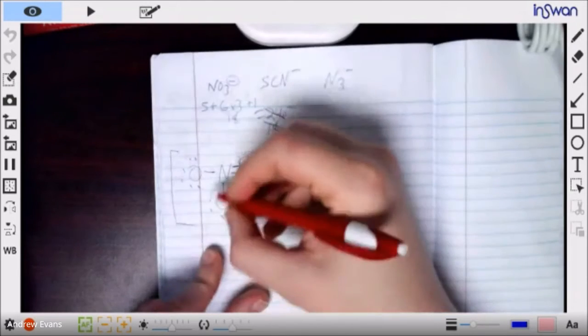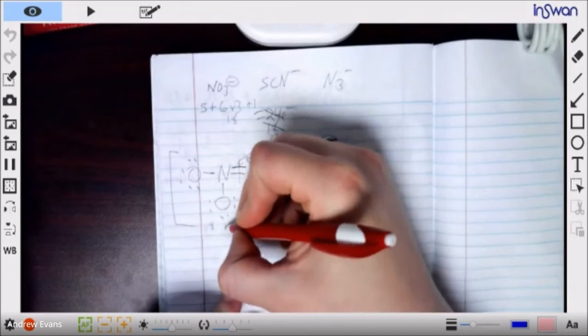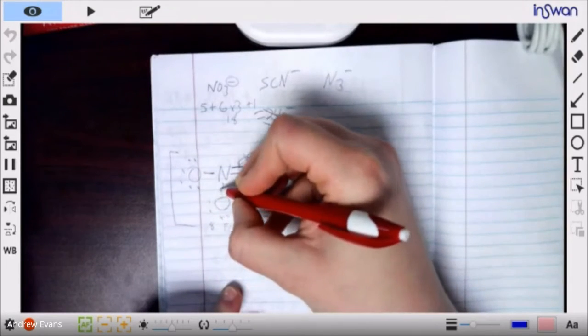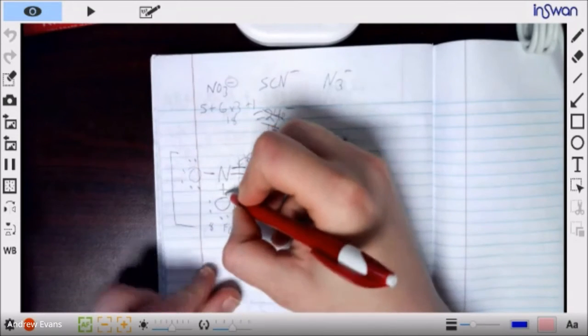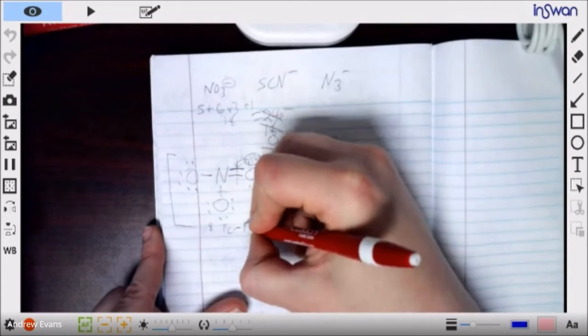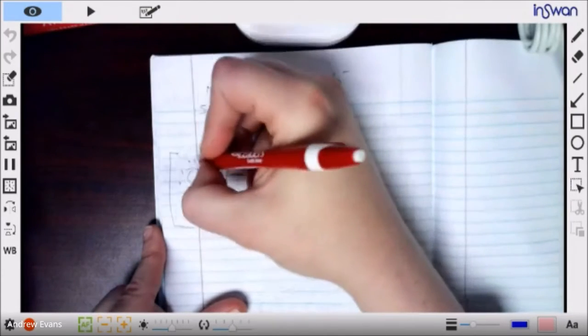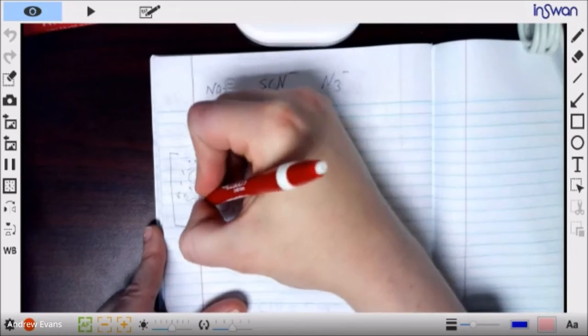This oxygen, 2, 4, 6, 7. It has 1 extra electron, so a formal charge of -1. The same thing for this oxygen, formal charge of -1.